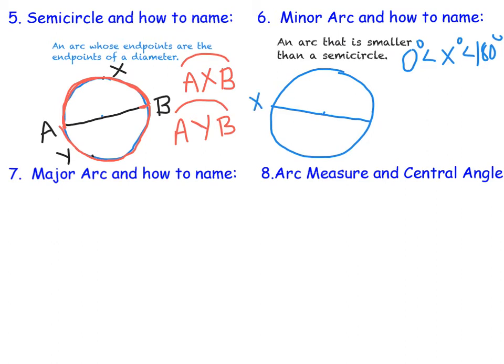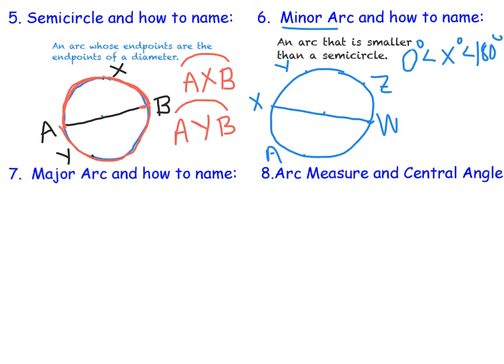Let's say we have some points here. Let's say we have X, Y, Z, the diameter is marked out by XW, and then we put a point A down here. A minor arc is an arc that is less than a semicircle.